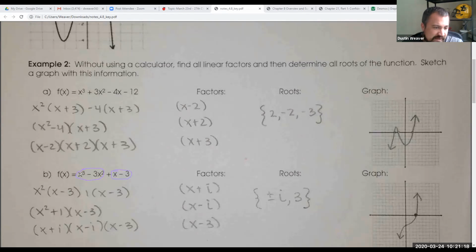Now, in the first two, you notice it's x to the third minus 3x squared. It's very similar to our first one in A. The GCF of these two is just x squared. So they both have at least two x's, so we're able to take out x squared. X to the third divided by x squared is x. Negative 3x squared divided by x squared is negative 3.